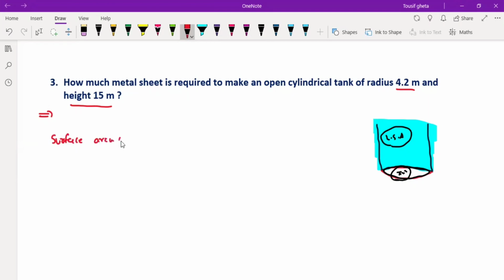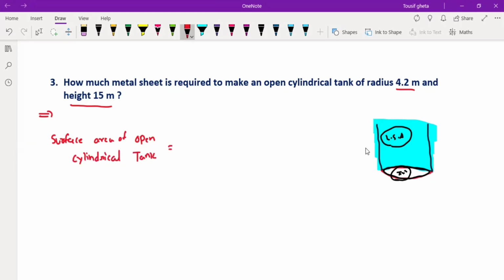Surface area of open cylindrical tank. It is open only from the top, not from the bottom.